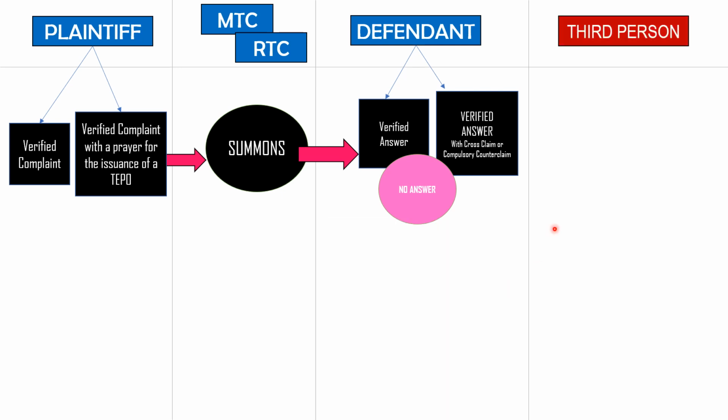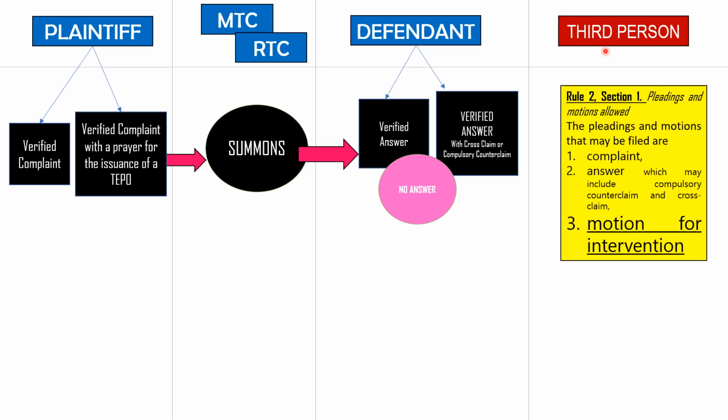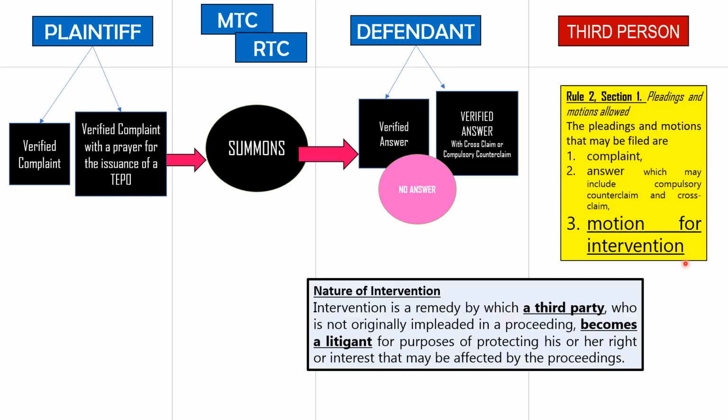So, question, can a third person come in an environmental case where the case is already pending? Answer is definitely yes. Because if you are going to read section 1 of your Rule 2, aside from complaint and answer, motion for intervention is also allowed. That is very clear. And again, what is the nature of your intervention?